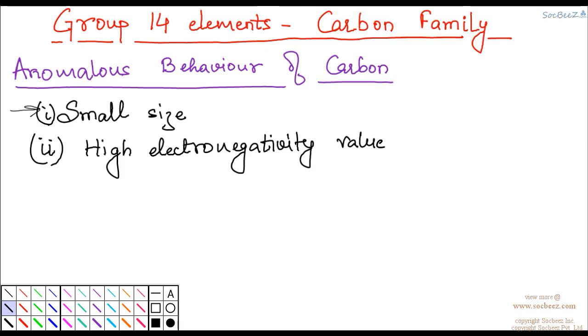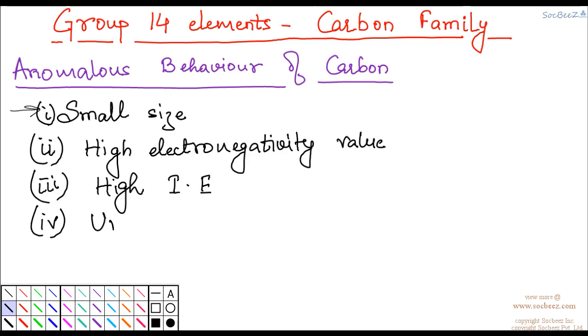So basically carbon has very small size, high electronegativity, high ionization energy, and unavailability of d orbitals.